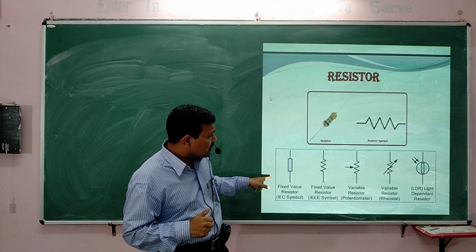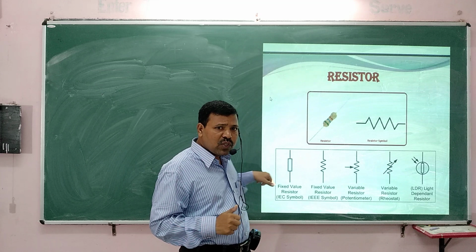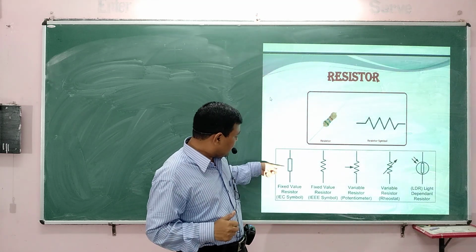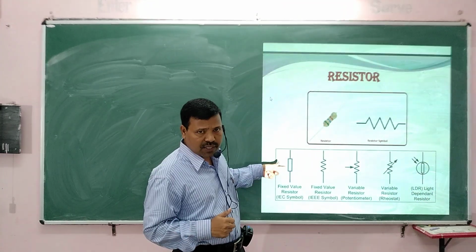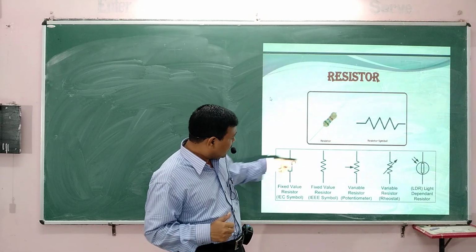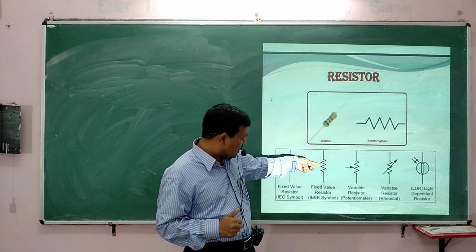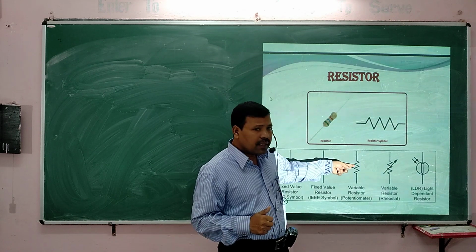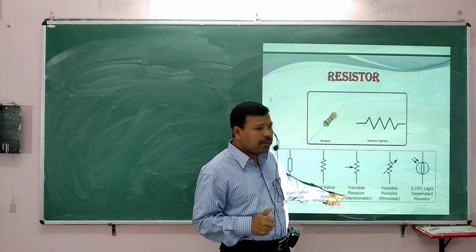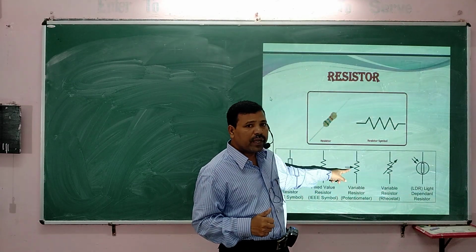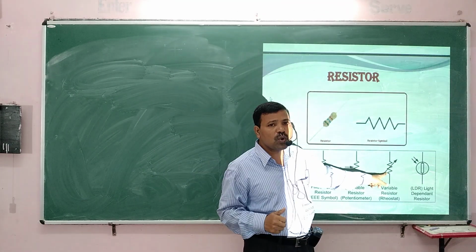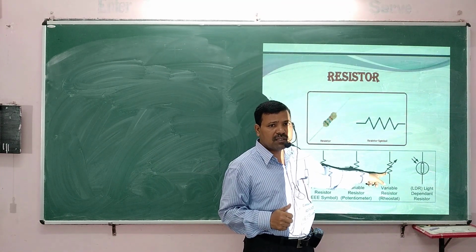Fine. Here, different types of resistors are there. This is a fixed value resistor. Here, a variable resistor. This is called a variable resistor. This is also a variable resistor.